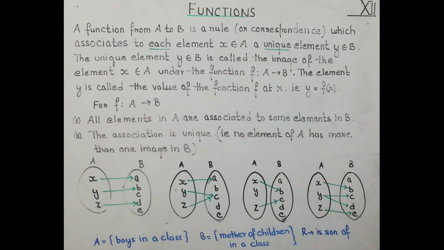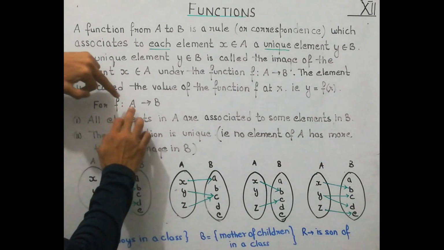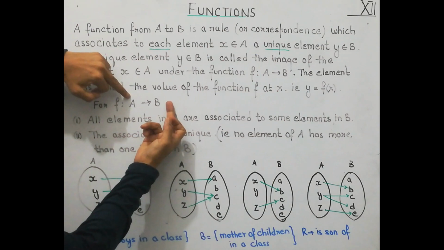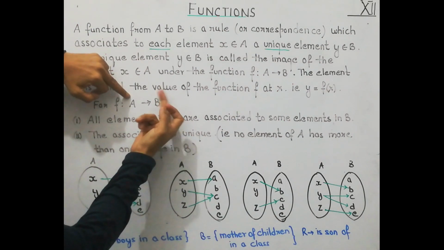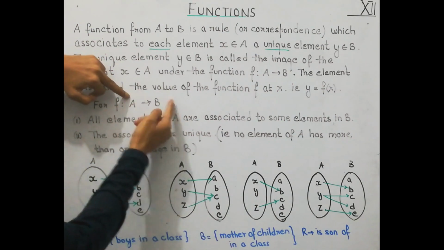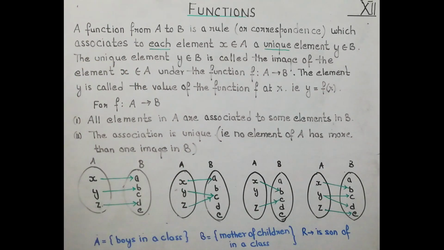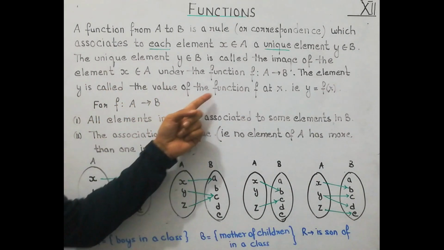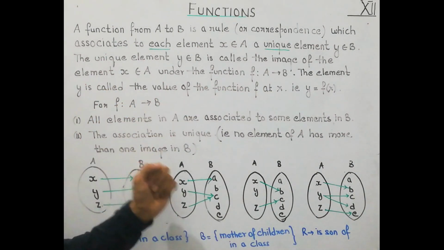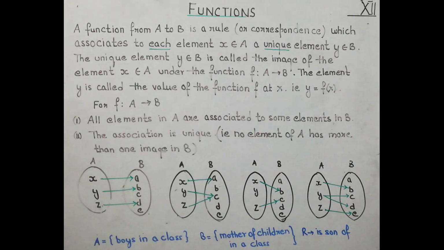Then the element Y is also known as the value of the function at X. Remember, if an element of A is associated with an element of B, then that element in B is known as the image, or it is also called the value of the function at X, and it is represented by f(x).